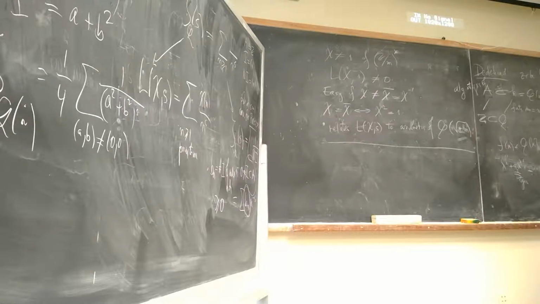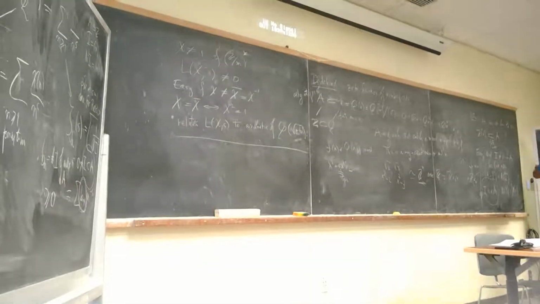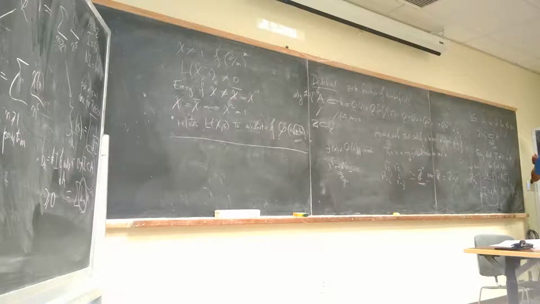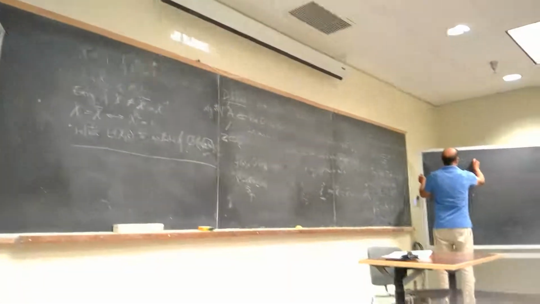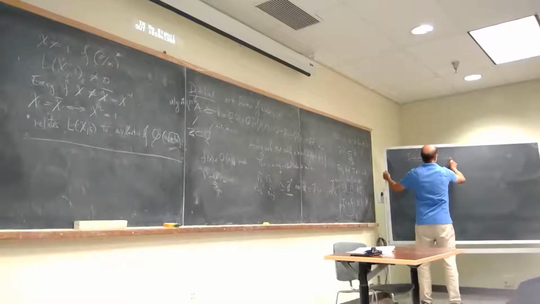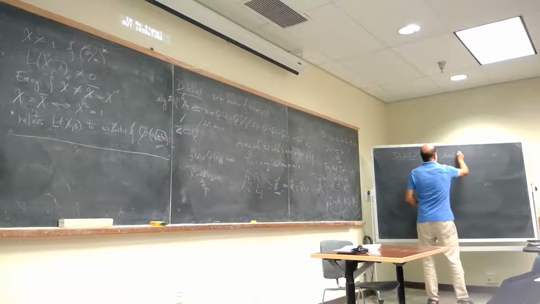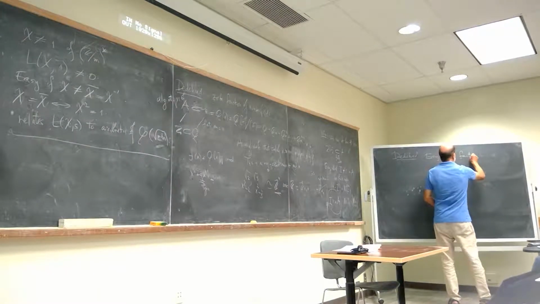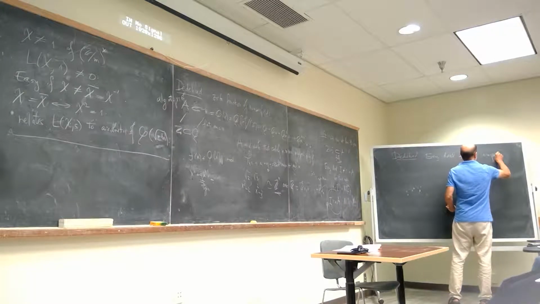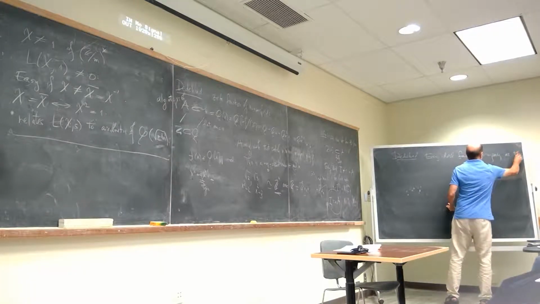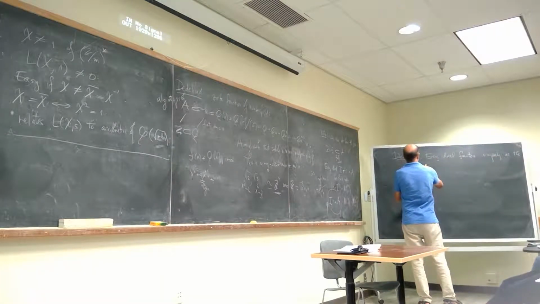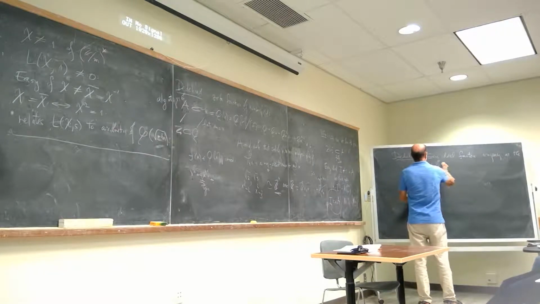Now, you don't get very far with that definition because no one knows how to compute the number of ideals and that kind of thing. So you need something like the Euler product. And a big theorem of Dedekind is that every ideal factors uniquely as the product of prime ideals.